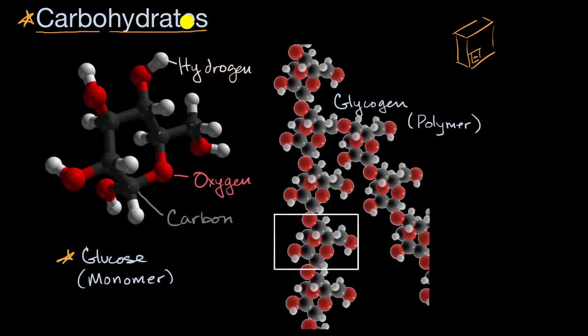And the hydrate part refers to that carbohydrates typically have oxygen to hydrogens in the same ratio as you would expect in water. So for every 1 oxygen, 2 hydrogens. And you see that right over here, where in glucose you have 1, 2, 3, 4, 5, 6 oxygens, and you have 12 hydrogens. And so that's where this word comes from.